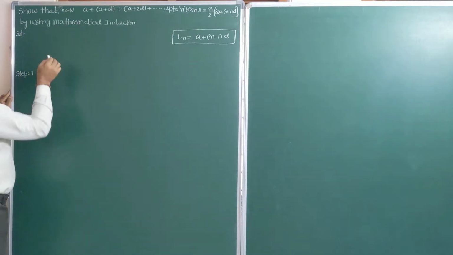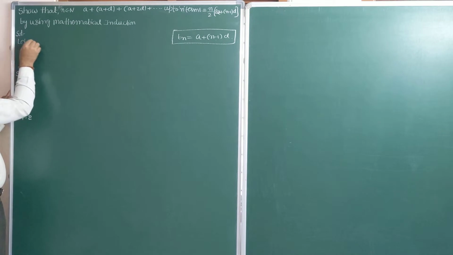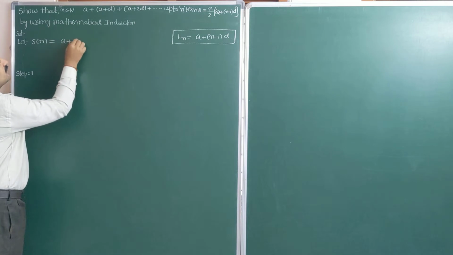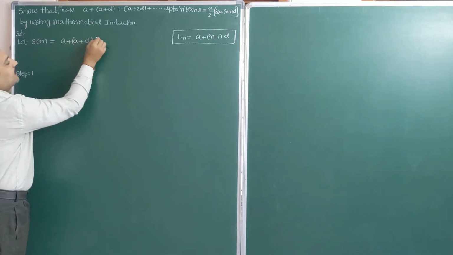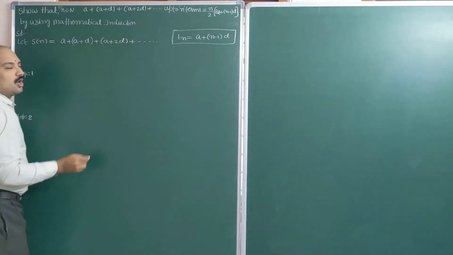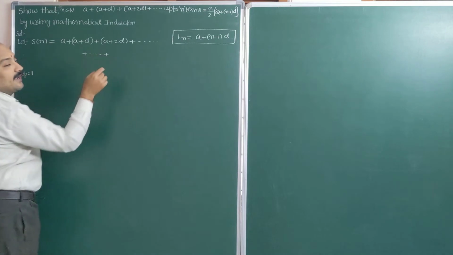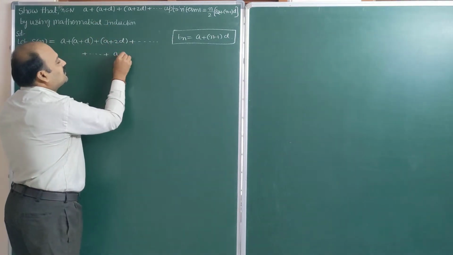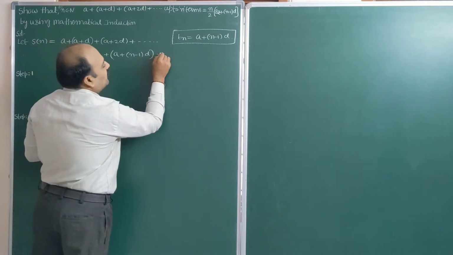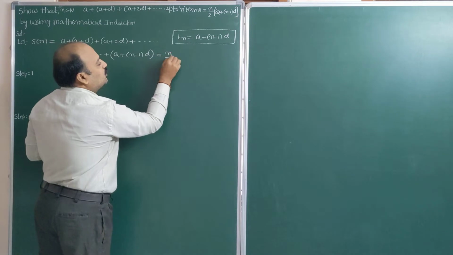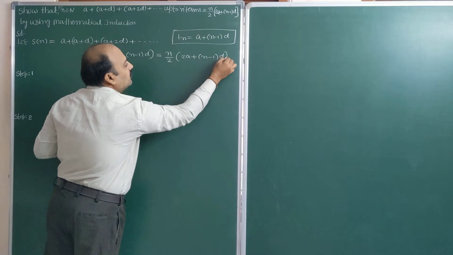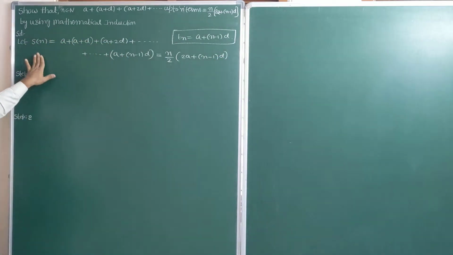Therefore the statement will be: let the statement be S of n: a plus d plus a plus 2d and so on, the nth term of the AP, a plus n minus 1 into d, is equal to n by 2 into 2a plus n minus 1 into d. This is the S of n statement, dear students.